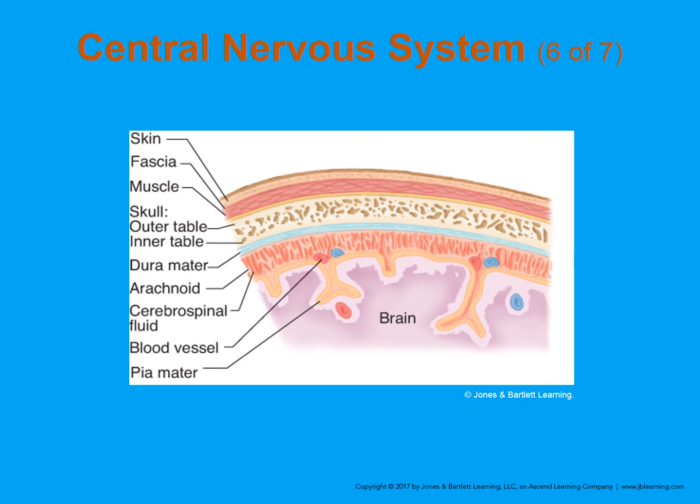And then below that, we have that arachnoid, and the subarachnoid bleed is going to be just below that arachnoid space, and generally going to be more caused by a stroke, something with a rapid onset. Often the patient will describe it as the worst headache that they've had in their life. So then we've got to be thinking of the potential for that subarachnoid bleed, and then the intracranial bleed is going to be within the brain.